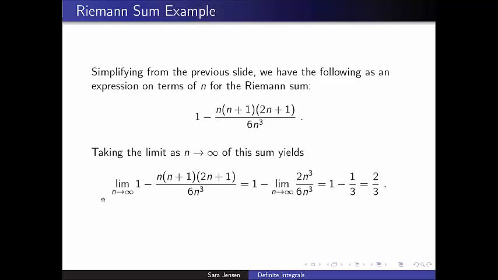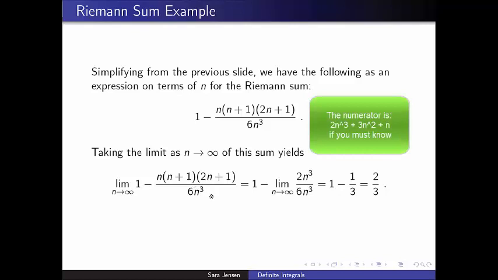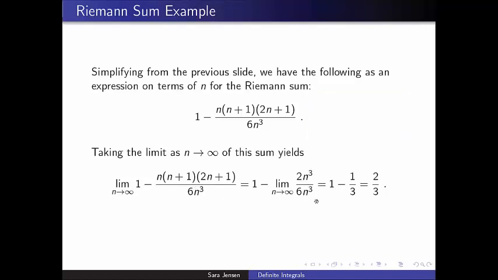This limit, focusing on the leading behavior of the numerator and denominator in that second term, is equivalent to 1 minus the limit as n goes to infinity of just those leading coefficients, 2n cubed over 6n cubed, which simplifies to 1 minus a third, or 2/3.